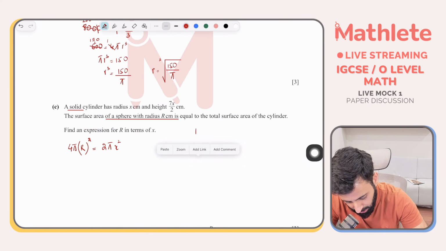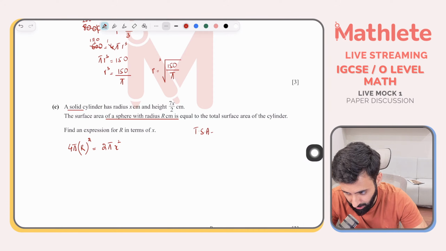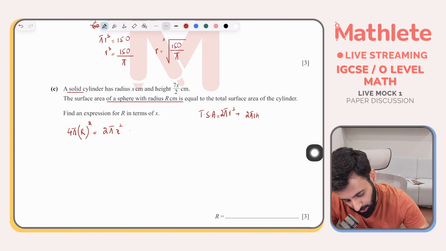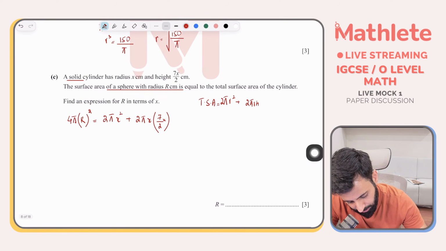You can remember the total surface area of a cylinder is equal to 2 pi r square plus 2 pi r h. So 2 pi x square plus 2 pi, what will come in place of r? x will come, and in place of height, 7 upon 2 x will come. Now, keep your eyes on the prize. You have to make r the subject.